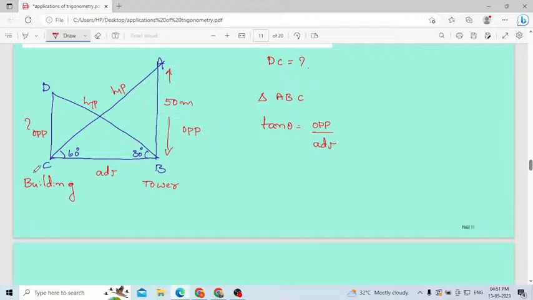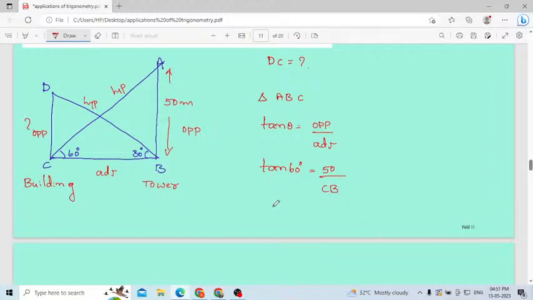Then in this triangle, tan 60 degree will be equal to opposite, which is 50, they have given, then adjacent we don't know, write it as CB only.